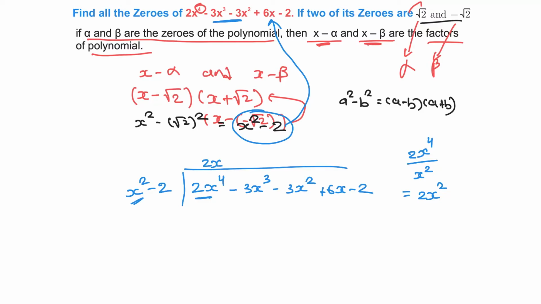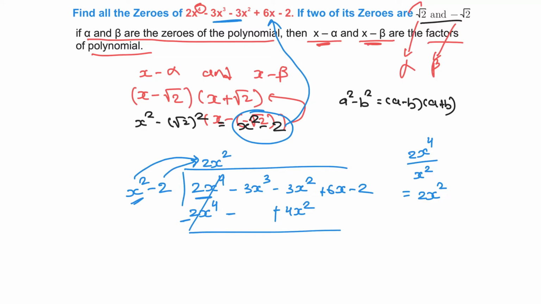Now multiply the divisor by 2x square: x square into 2x square gives 2x raised to 4, and minus 2 into 2x square gives minus 4x square. Write this below and change the sign, so 2x raised to 4 minus 2x raised to 4 will be 0.